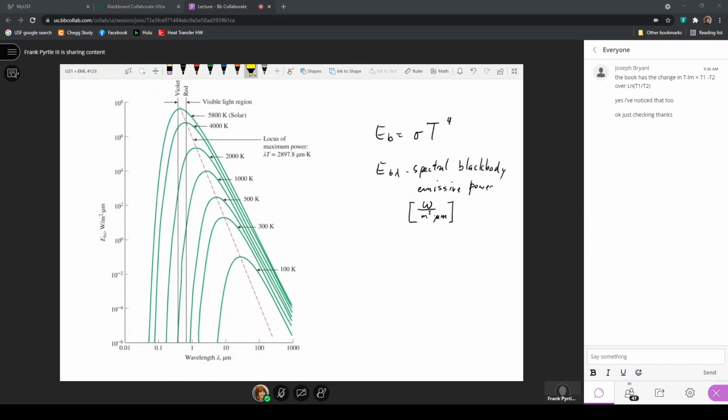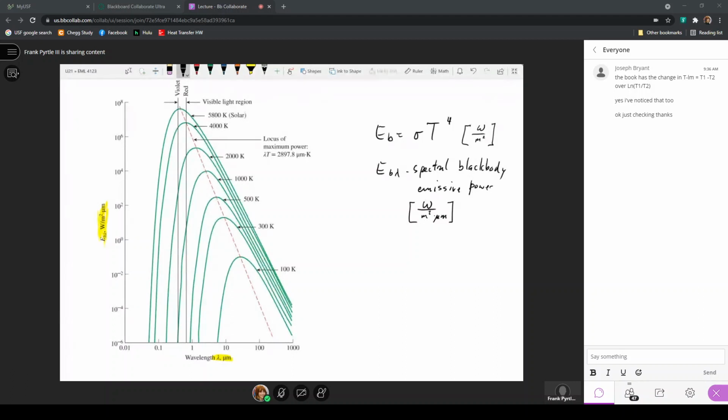So on the y-axis, we have the spectral black body emissive power as a function of wavelength here. Now, if the black body emissive power has units of watts per meter squared, and we look at this plot, this is the spectral black body emissive power, watts per meter squared per micron, as a function of wavelength, which is in microns.